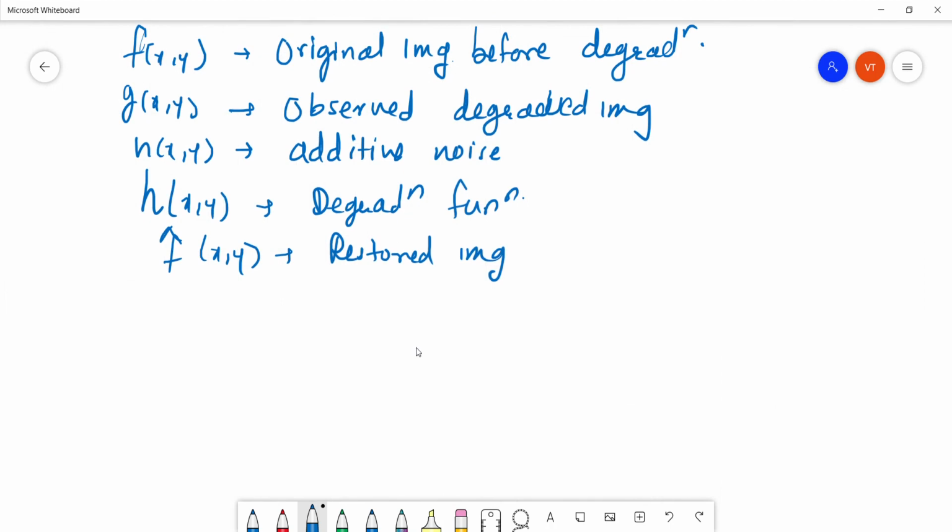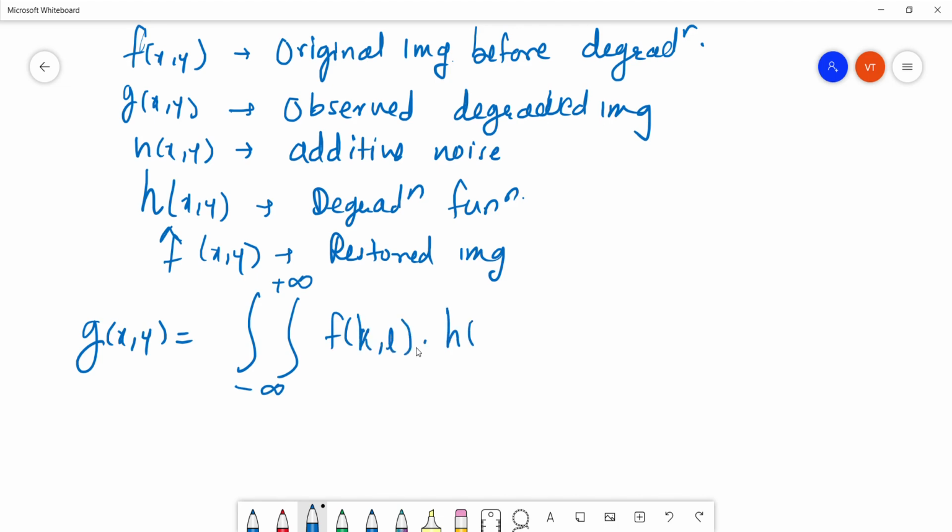We can write this g of x comma y as integration from minus infinity to plus infinity of f of k comma l times h of x minus k, y minus l, dk dl, plus n of x comma y.